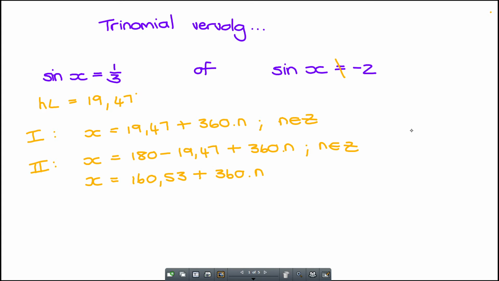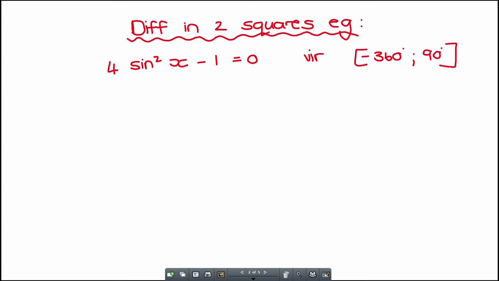Okay, anyone else still copying here? Put up your hand. Good. Okay, so difference in 2 squares.